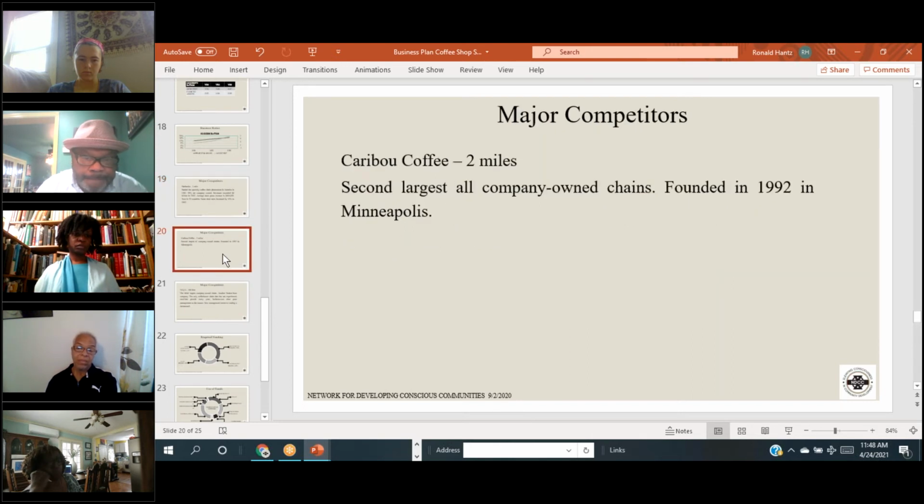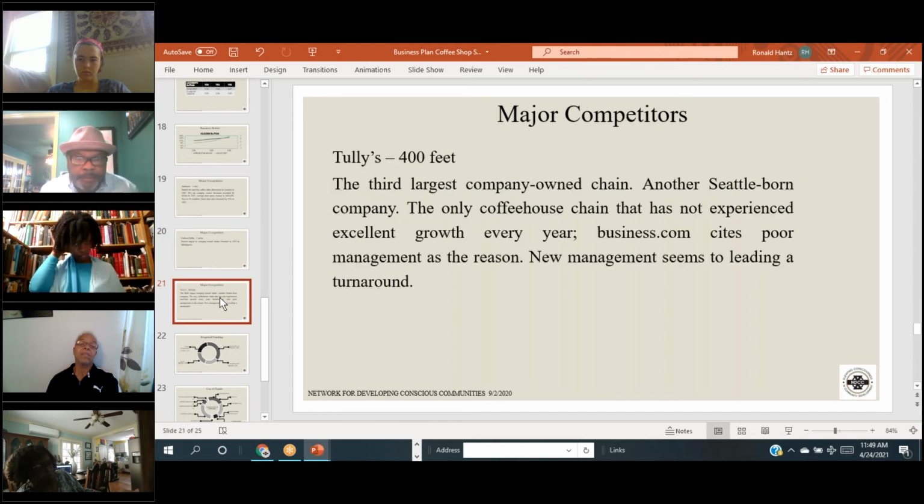So yes, how far did he come from? Is it 1 mile? Is it 2 miles? Is it half a block? So you want to be able to ask and put that together. Again, looking at these competitors and how close in proximity they were to this coffee shop, certainly this particular one, Tully's, was only 400 feet from the coffee shop.